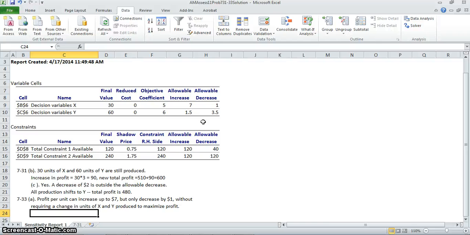We can increase the profit per unit on y up to $1.50 or decrease it by up to $3.50 without requiring a change in the units produced of x and y to maximize profit. A range of values for the profit could be defined as 2.5 up to 7.5 if you wanted to take these allowable decreases and increases and adjust the objective coefficient.